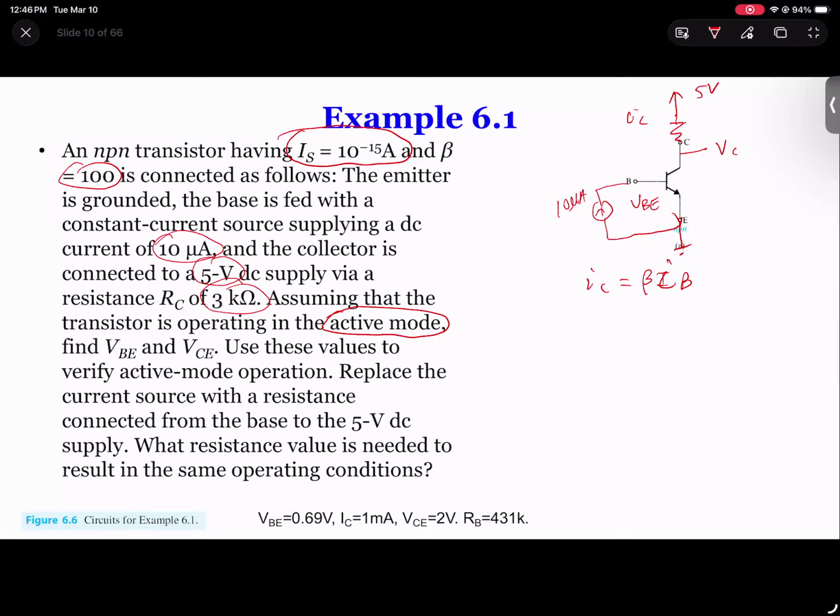So IS is given. So from the equation IB equal to IS e to the power VBE over VT. Of course, it didn't say VT, so we can assume VT is 25 millivolts. Okay, millivolts, yeah. So if VT is not given, you can basically make that assumption.